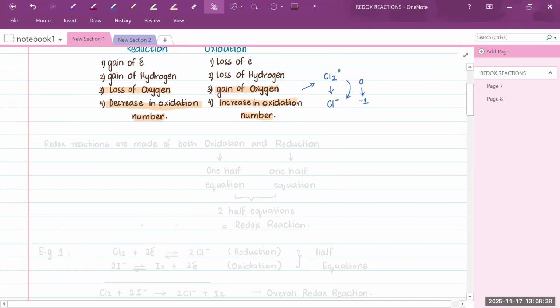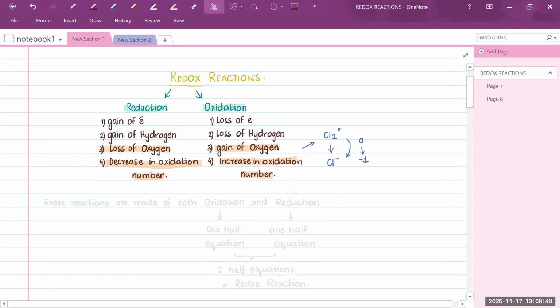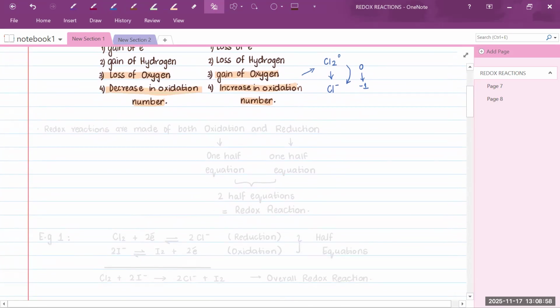So as I was telling, redox reactions are made up of both reduction and oxidation. For example, it is made up of two half reactions. One half reaction is of oxidation and one half reaction is of reduction, making it an overall redox reaction.